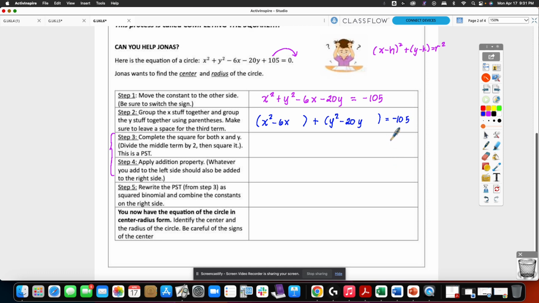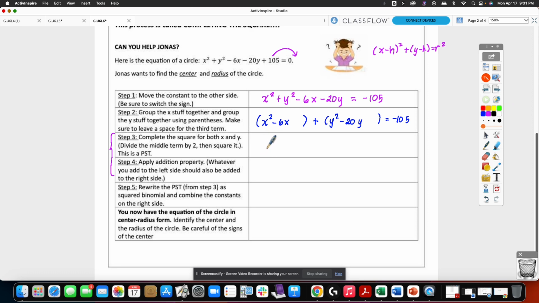Now, step 3, it says complete the square for both x and y. So we're completing the square here, we're completing the square here, meaning we have to find the third term. And then we have to apply the addition property. Addition property means whatever is added on the left side should also be added to the right side.